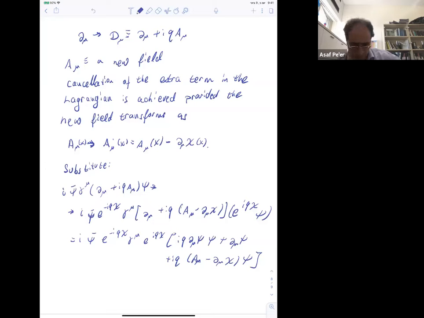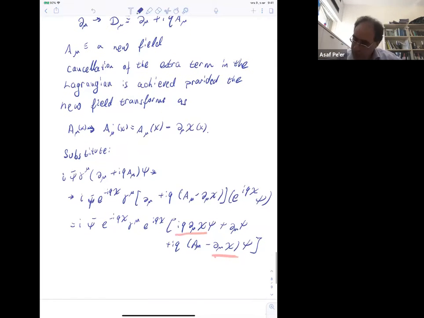But d mu chi, what did I write, psi? Right, but of course, this extra term, which bothered us, was canceling this last term. So this is just i psi bar gamma mu d mu plus i q A mu psi.